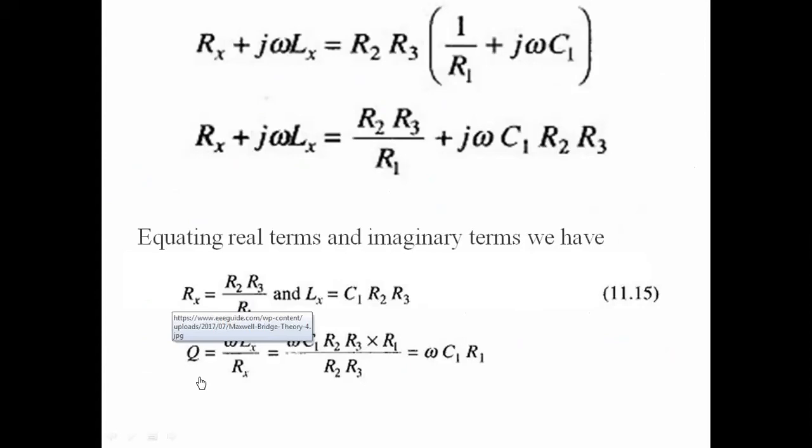So if you observe here, Q is equal to omega L by R, the quality factor, where L is the inductance. The quality factor should be high. It means the resistance offered by that inductor coil should be low. The resistance offered by the inductor coil should be 0 or minimum.